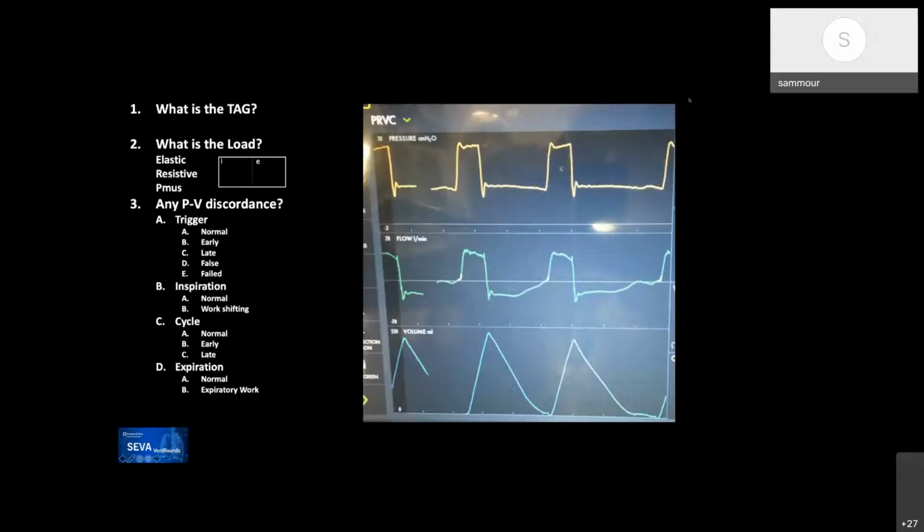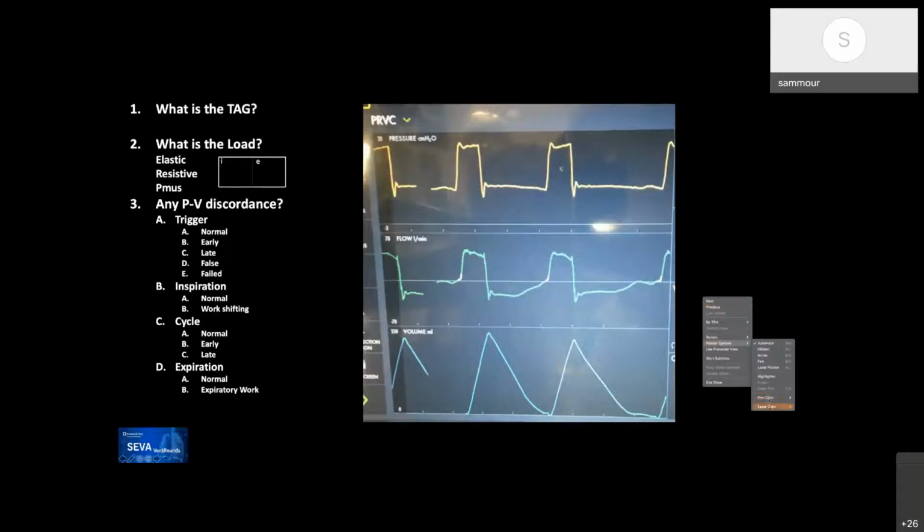For the load, just looking at the waveforms, the flow waveforms mostly. During inspiration, you can see that there's a really slow decay of that inspiratory waveform, and that's even more pronounced during expiration, where it's not a rapid snapback. So this looks like a more resistive load. Although towards the last breath there, I'm not sure if there's any P-musc activating and causing a forced exhalation.